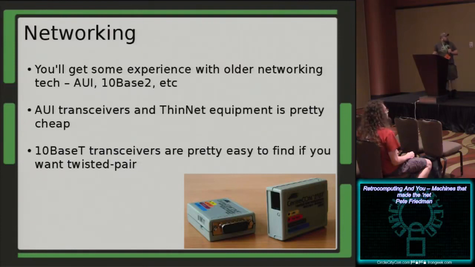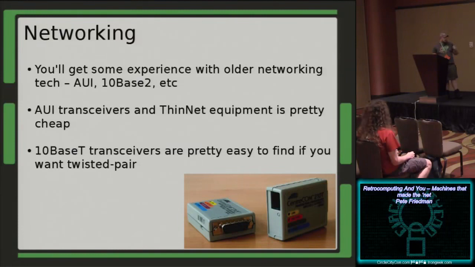So you'll get some experience with older networking technology if you decide to play around with these things. You'll get very familiar with 10base2 and ThinNet, and you'll experience the joy of transferring a kernel image over ThinNet. I suggest that you start the boot process, go get lunch, and come back a little bit later, because it can take some time.